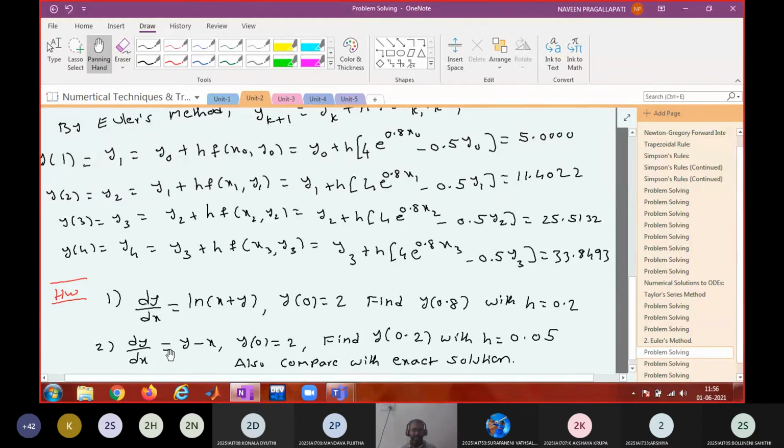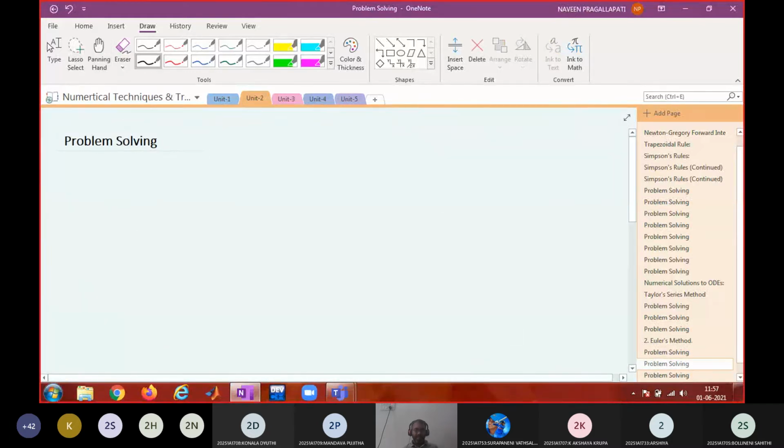What type of differential equation is it? dy by dx equal to y minus x.